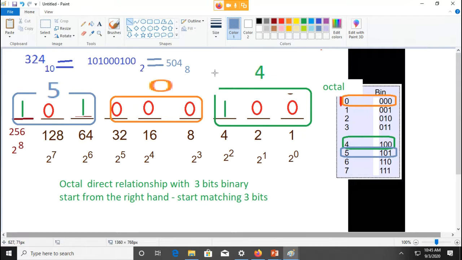So the reason we like octal is because it has a one-to-one relationship with binary.